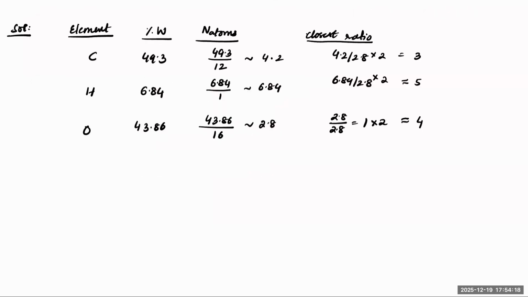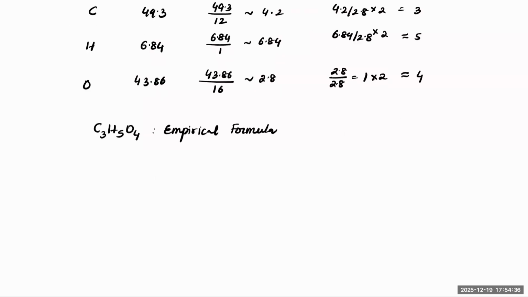So what we have here is carbon 3, hydrogen 5, and oxygen 4. So this is the empirical formula. Now notice what is the empirical mass. Just like molar mass, what is empirical mass?